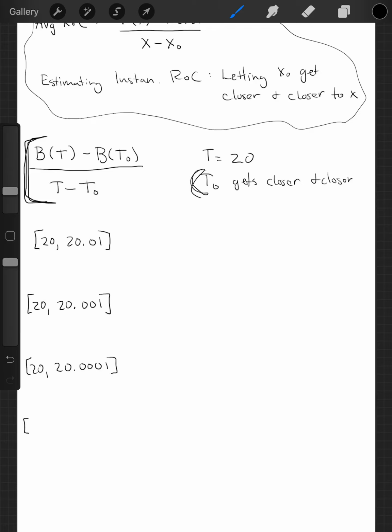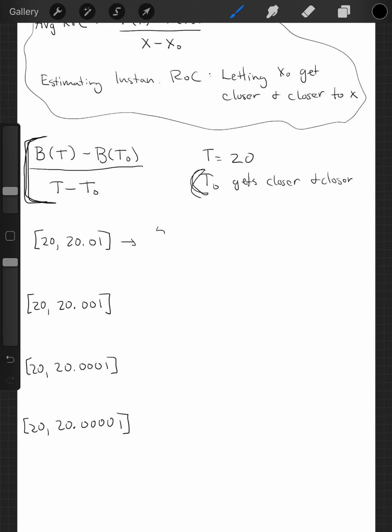Because I worked this problem out ahead of time, I know that it'll be beneficial to go even closer to 20. There's no rule for how close you need to get. It's really a matter of keep getting closer and closer until you can find a pattern.